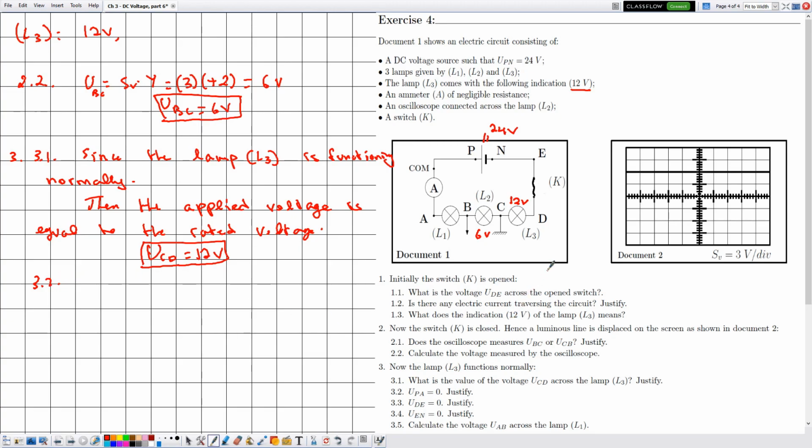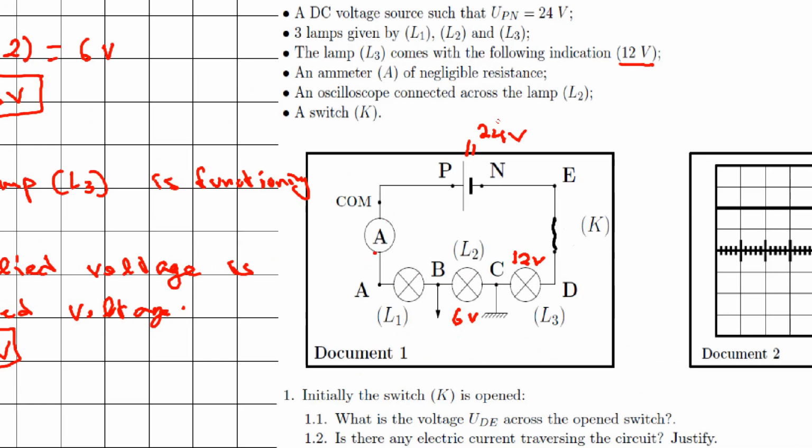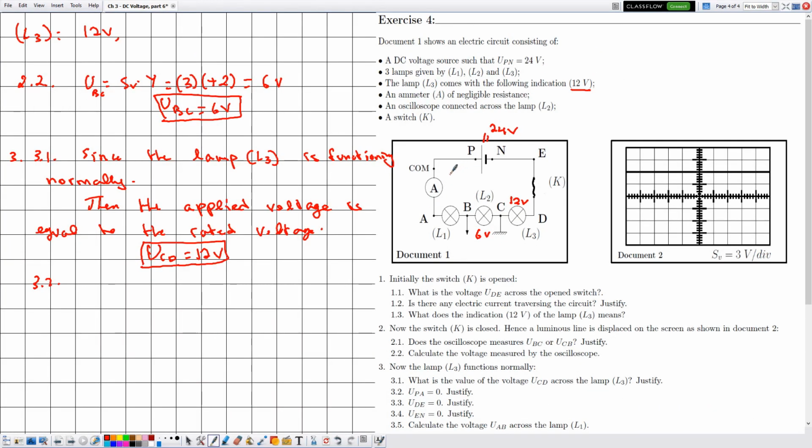Now in 3.2 they are telling me UPA is equal to 0, justify. Across P and A we have an ammeter, and we know that UPA is equal to 0 because the ammeter is of negligible resistance.